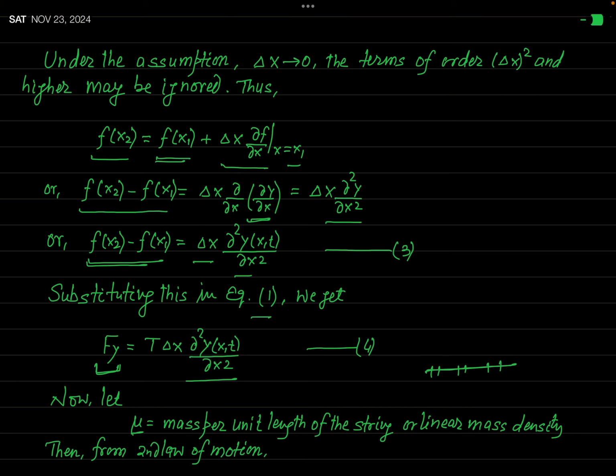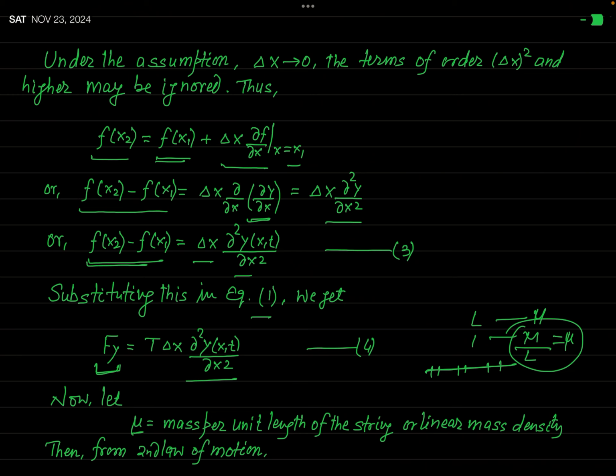Here, if the total length of the string is L and its total mass is m, then the mass of unit length will be m by L, and this m by L has been written as mu. This is called linear mass density, or mass per unit length.